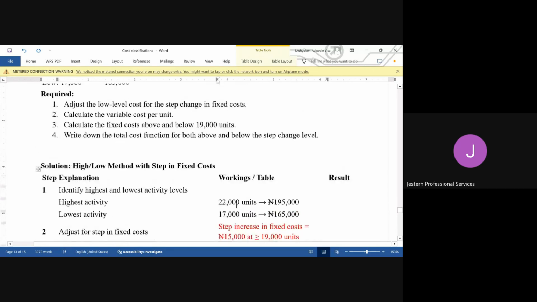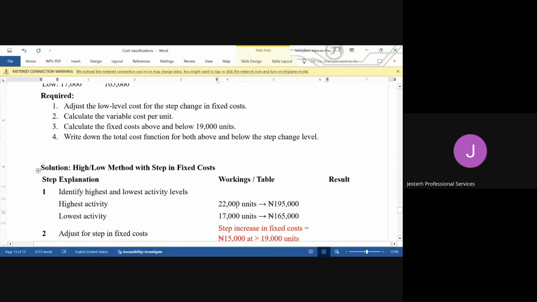Then we have adjusted the lower level of activities now based on the change in the fixed costs, because our level of activities increases. Then the organization decided to step up the fixed cost with 15,000 naira.